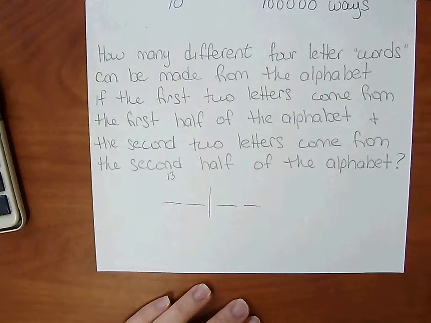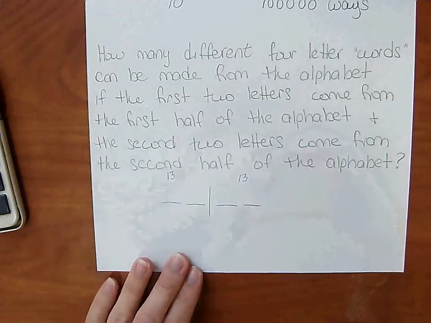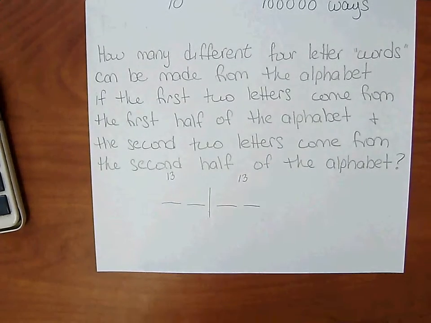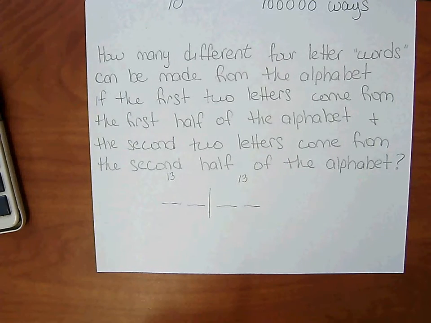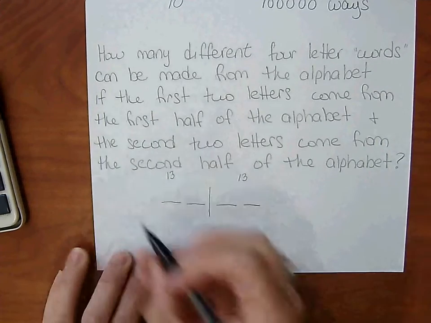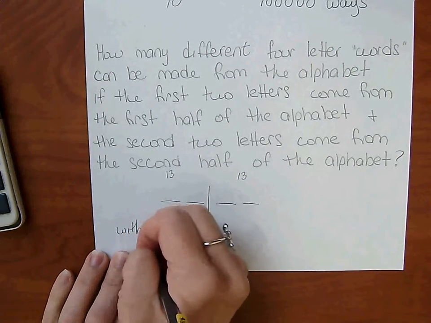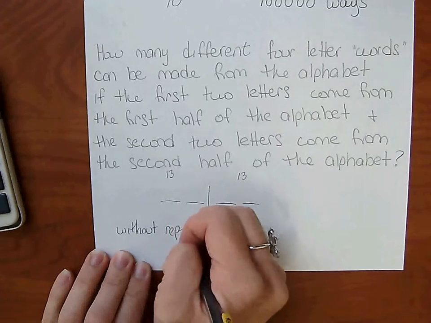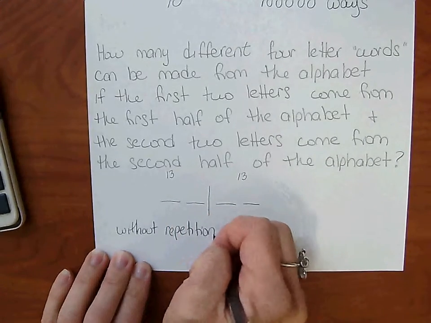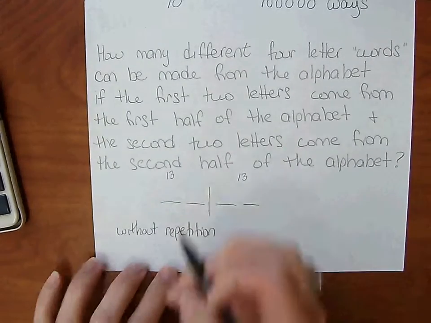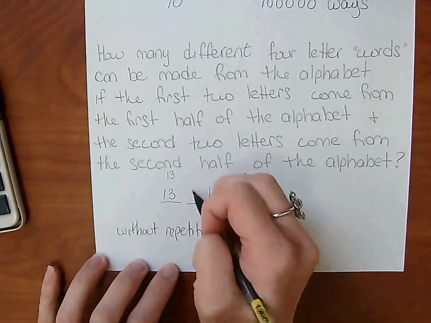And the second half of the word comes from the second half of the alphabet. Now again, this question was not specific as to whether or not the letters can repeat or not. So for this first part, we'll do it without repetition. All right, so if the letters cannot repeat, I have 13 choices and then 12.